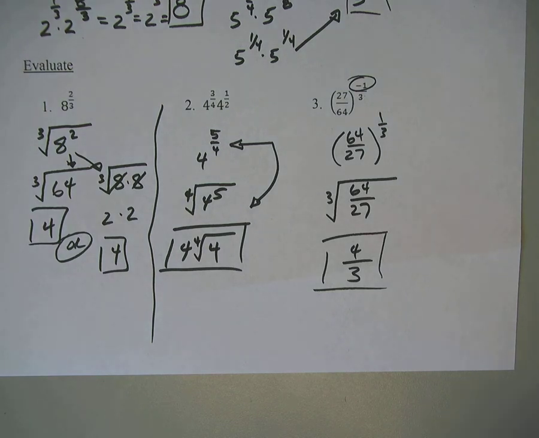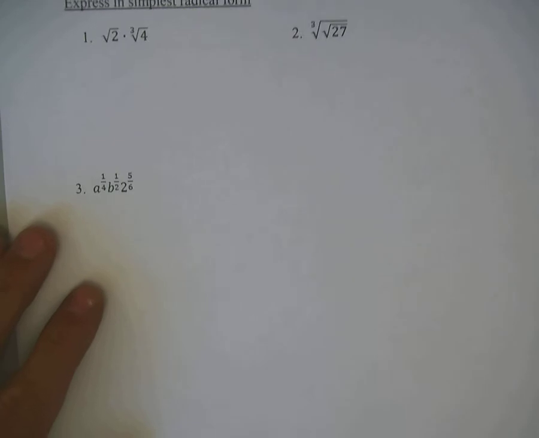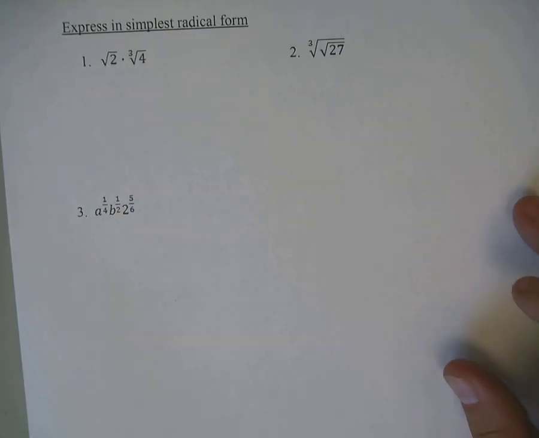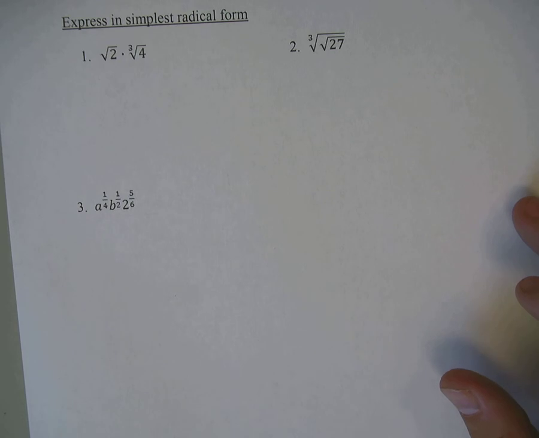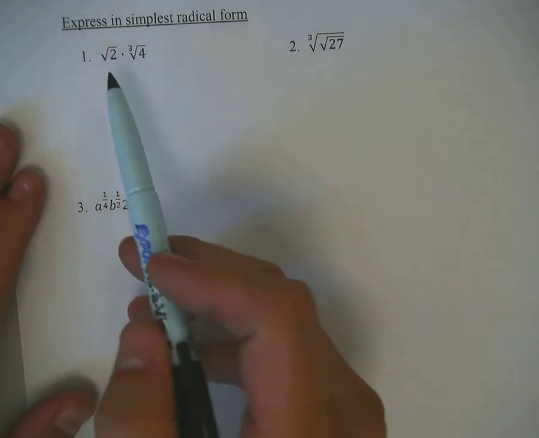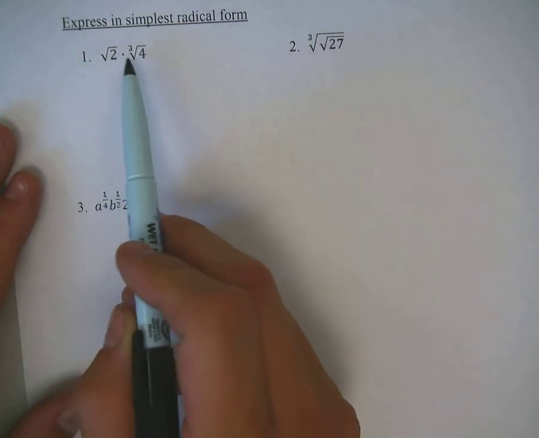Okay, last thing we're going to talk about in terms of dealing with fractional exponents. Okay, this one says express in simplest radical form. So you might be thinking to yourself, well, if it says simplify in simplest radical form, then why is this part of the fractional exponents part? Well, as I take a look at this, you notice this is a square root and this is a cube root.